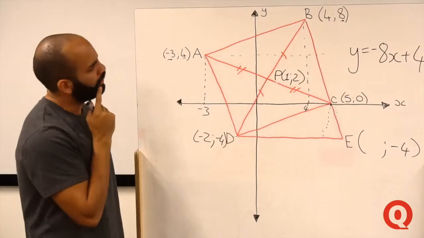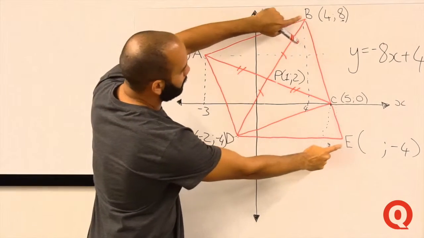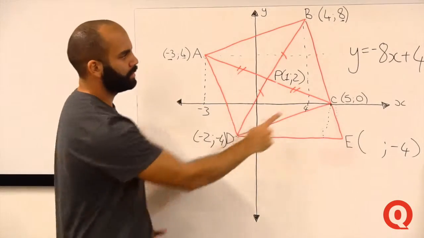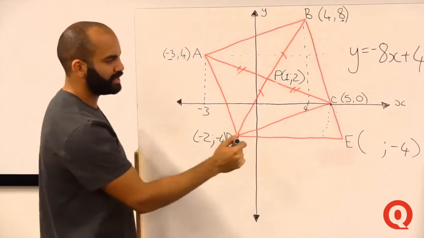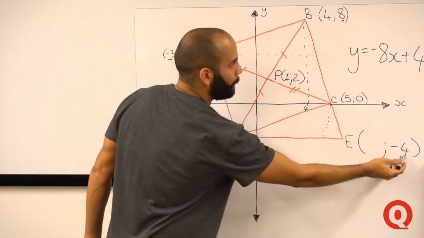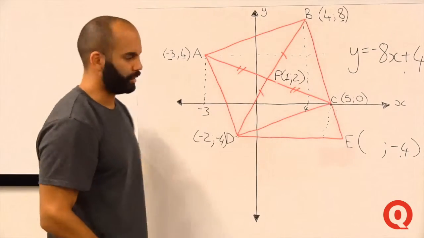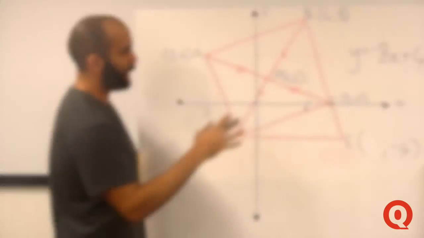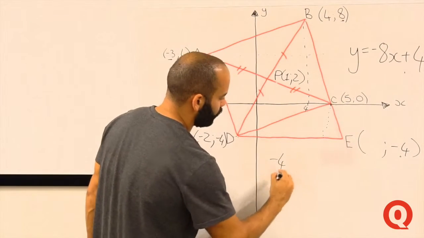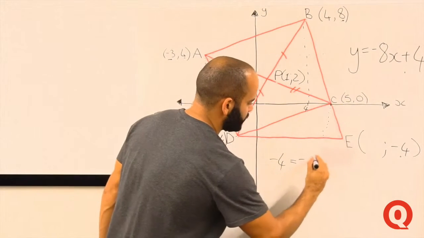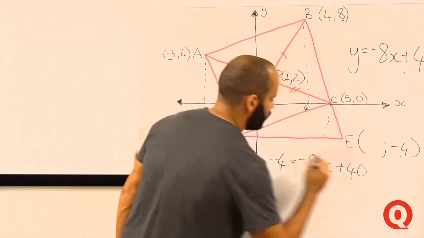But wait, didn't I find the equation of line BE already, which was y is equal to -8x plus 40. So I could substitute this y value back into this equation and find out what the x value is. So let's do that. I would substitute it back in, which would be -4 equals -8x plus 40.